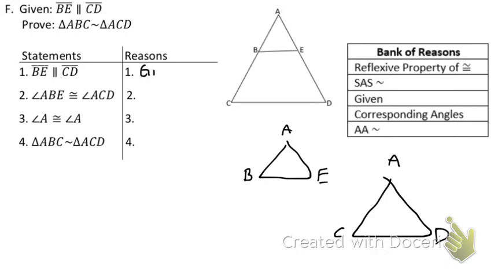This is given. I'm going to put that into both of my drawings. So we'll do it in red. BE is parallel to CD. I'll do it here just for reference.